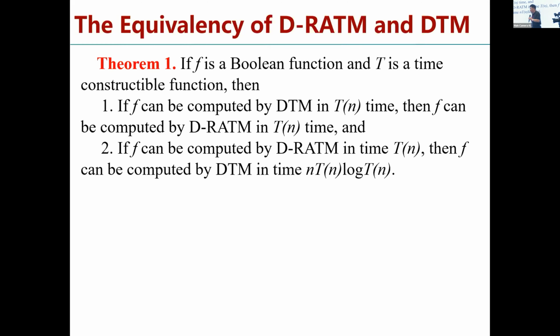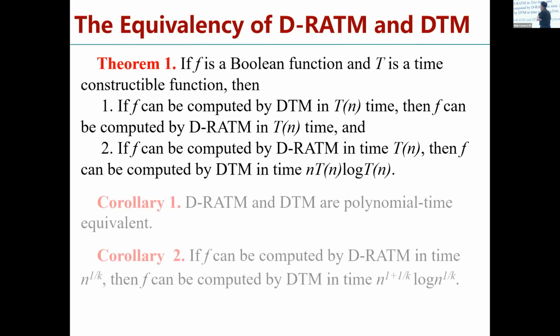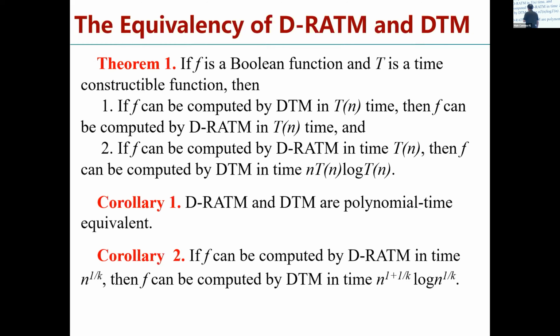So this theorem tells us two things. One is that DRATM and DTM are polynomial time equivalent. The second is if F can be computed by a DRATM in time n to the power 1/k, then F can be computed by a DTM in time n to the power 1 plus 1/k times log n to the power 1/k.